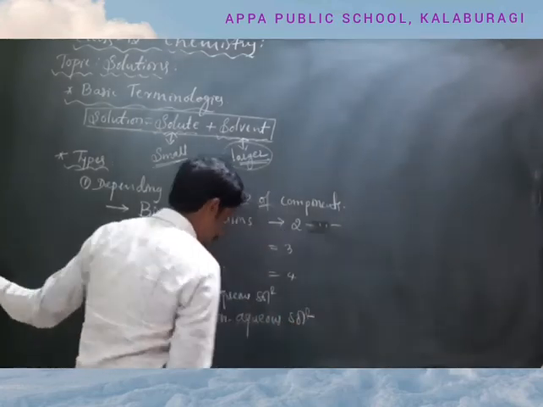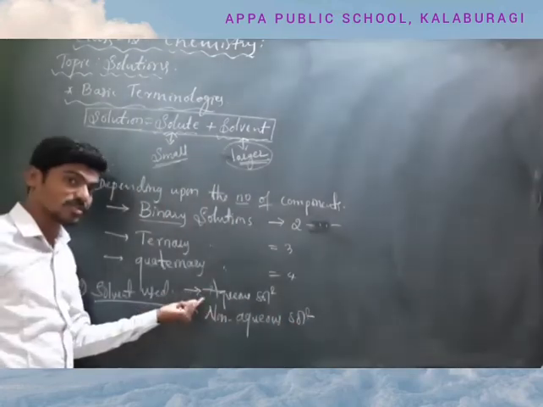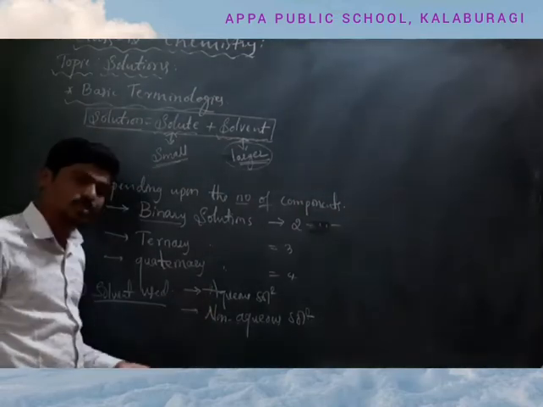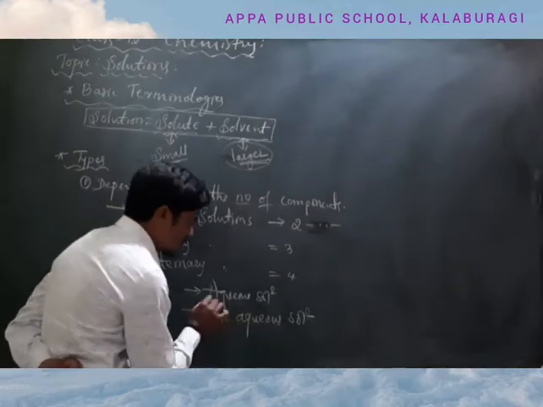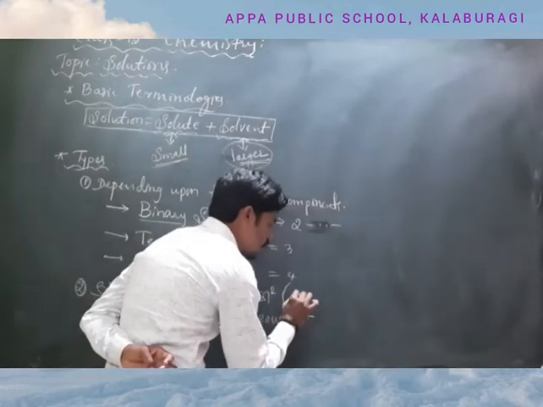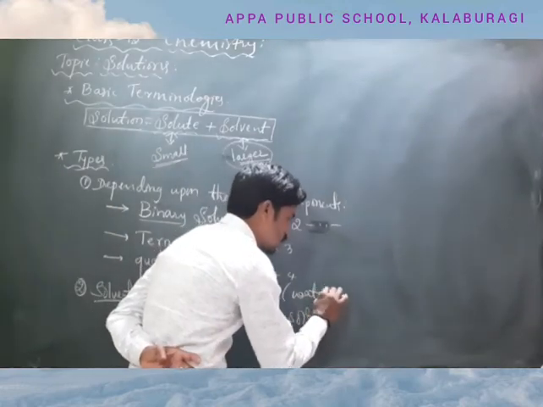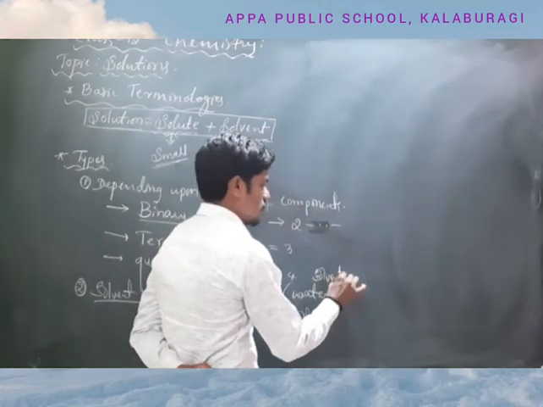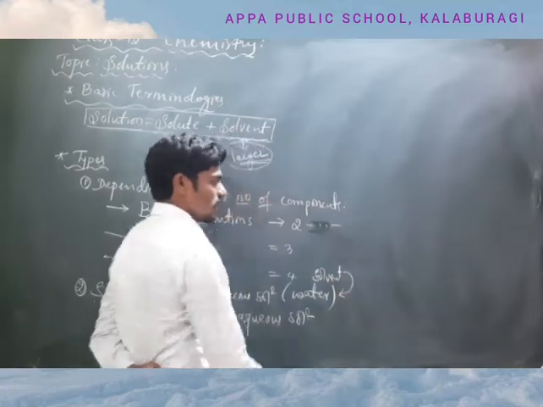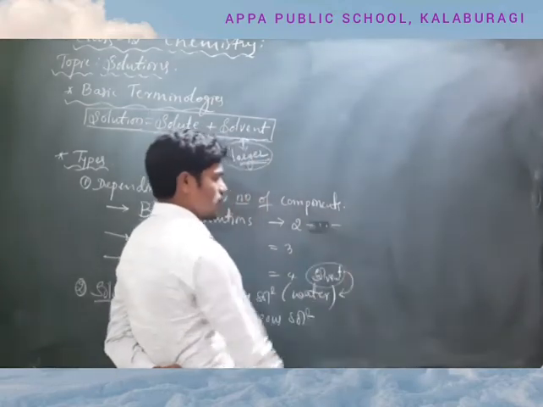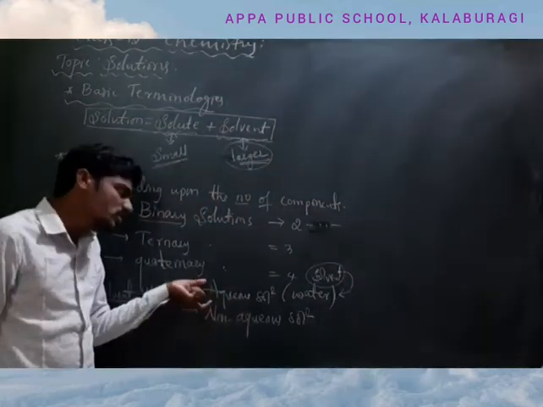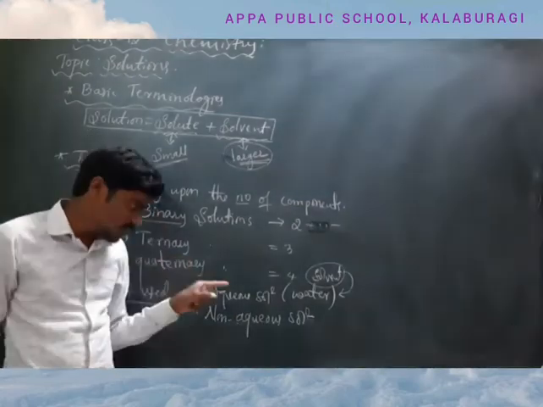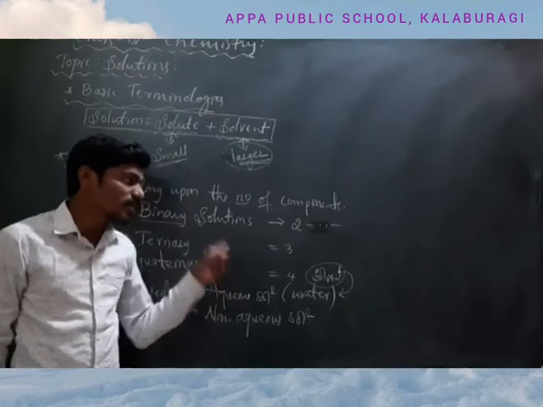Already you have used these terms, aqueous solutions and non-aqueous solutions. What is the meaning of aqueous solution? In an aqueous solution the solvent must be water, compulsorily. Then only we use the term aqueous. Wherever we use the term aqueous, that means the solvent is water.